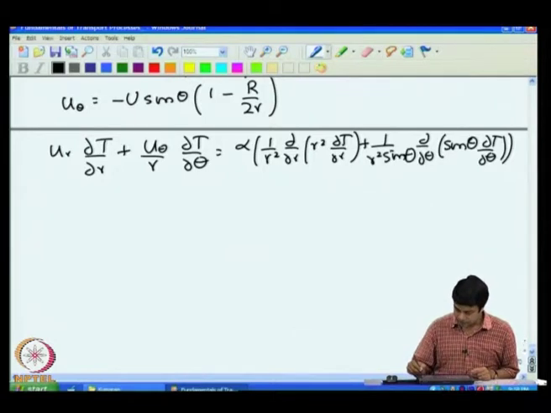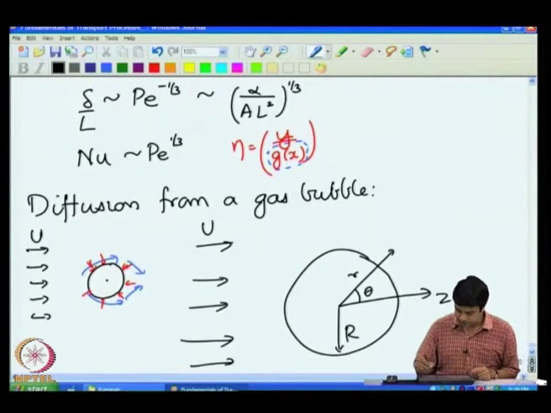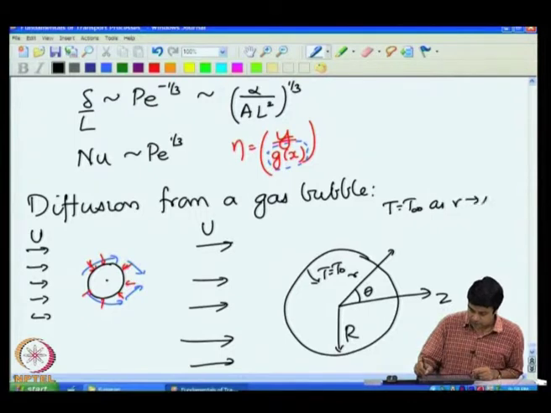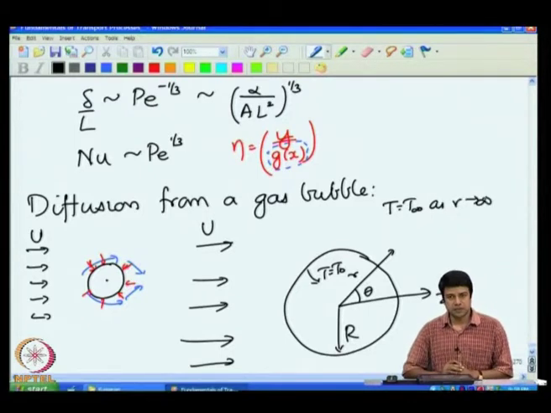And the boundary conditions that I impose on the surface are as usual T is equal to T naught on the surface and T is equal to T infinity as r goes to infinity. So, the temperature is T infinity far from the surface and it is equal to T naught at the surface of the bubble itself. And one would like to find out what is the variation of the temperature field, and from that the heat flux and the Nusselt number.